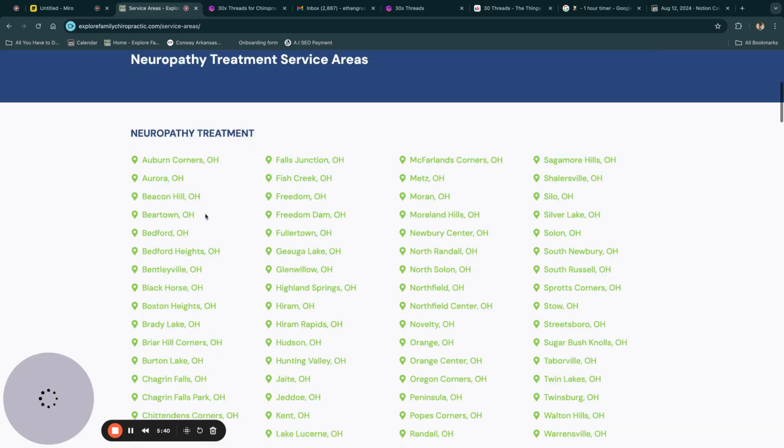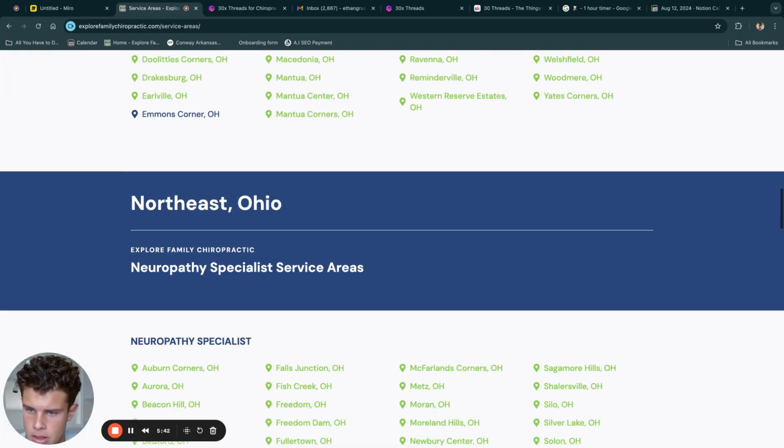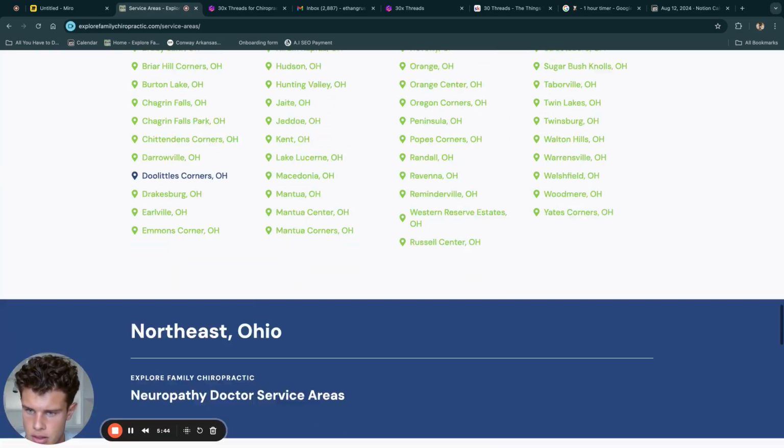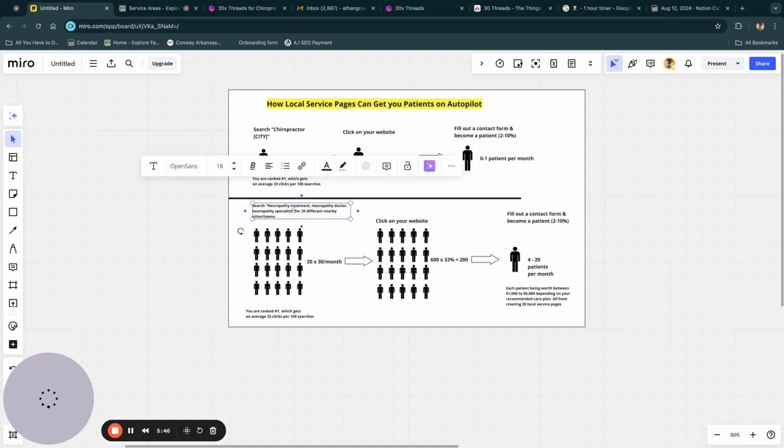What else do they have? Neuropathy clinic and neuropathy center. So they have 1, 2, 3, 4, 5 search terms that they're ranking number 1 for in 30 different cities.